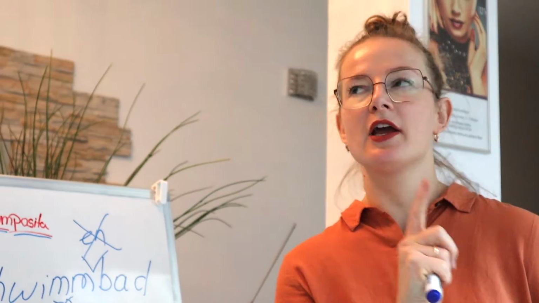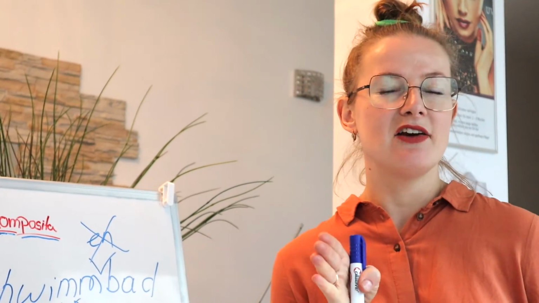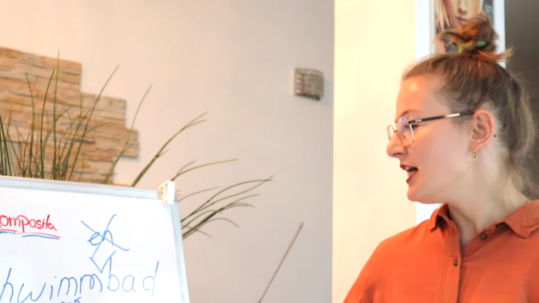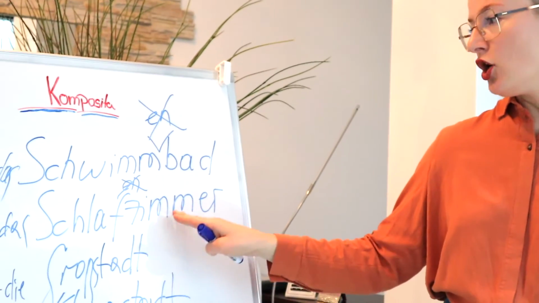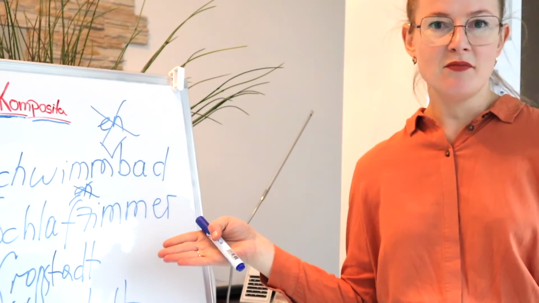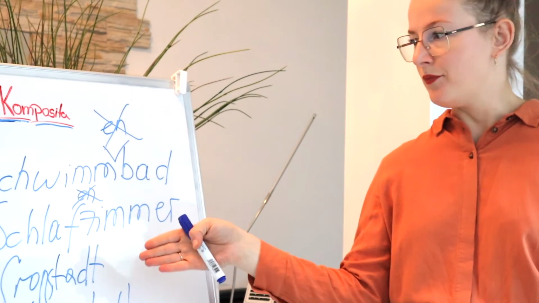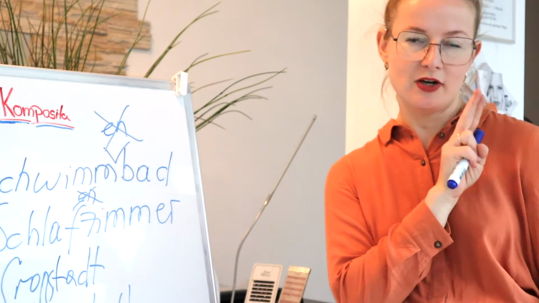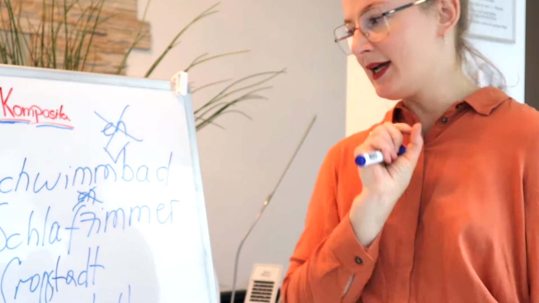One more thing before I go is, are there any similarities between English and German compounds? Of course there are. Take a look at the compound Schlafzimmer. You've got the same principle. Bedroom, right? Consisting of two nouns, bed being a noun and room being a noun.